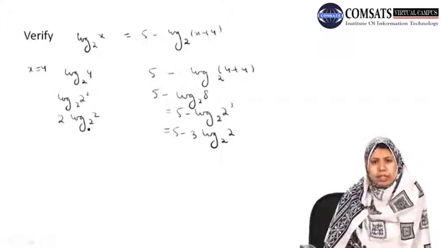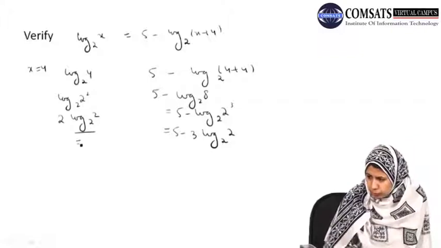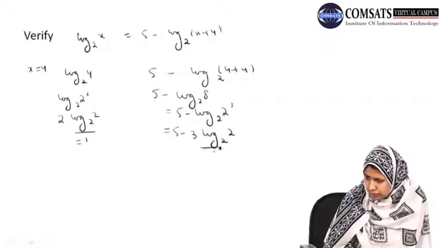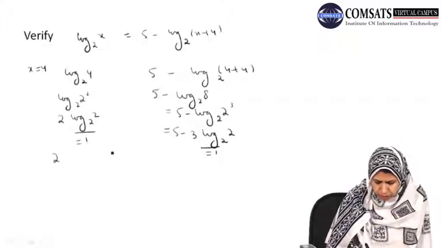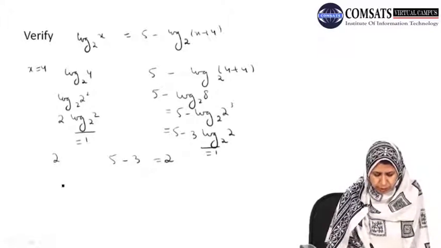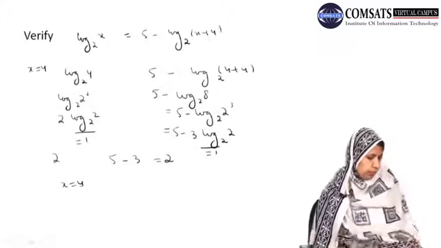Now log of any number with the same base is equal to 1, so this is equal to 1 and this is equal to 1. So on the left hand side we are left with 2, and on the right hand side we are left with 5 minus 3, which is 2. So x is equal to 4 satisfies our given logarithmic equation.